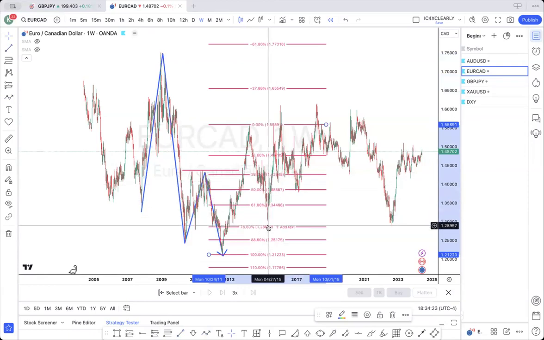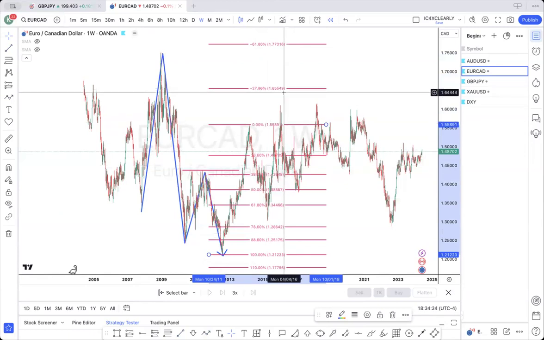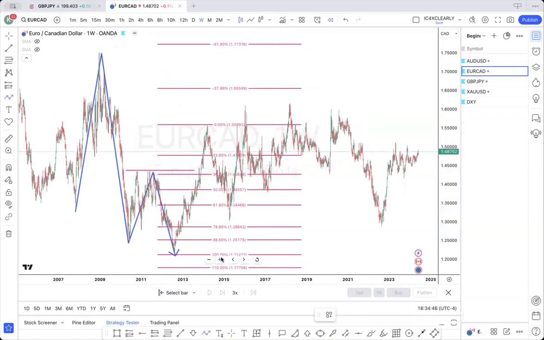Price pulled back almost to the 78 and bought back up to this zone. So then I would have expected it to play out here, right? It pulled back to the 618. I would have expected it to at least buy up to the negative 27, but it did not.